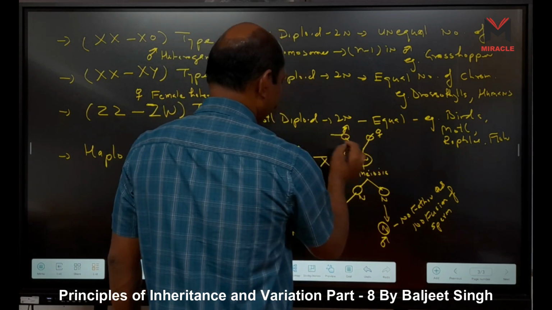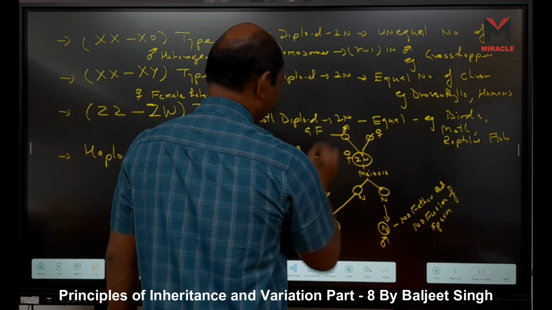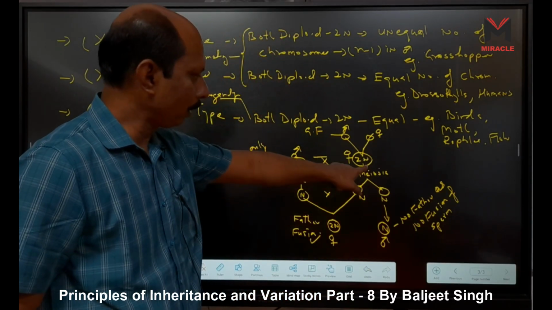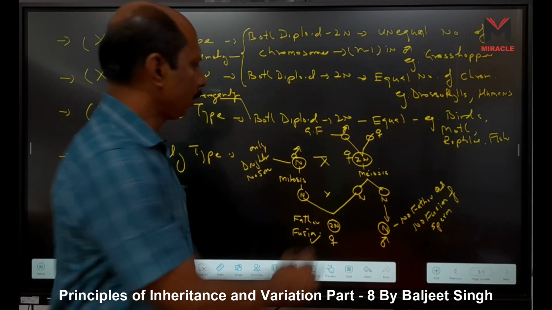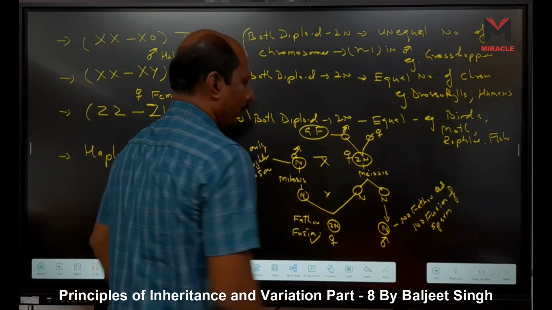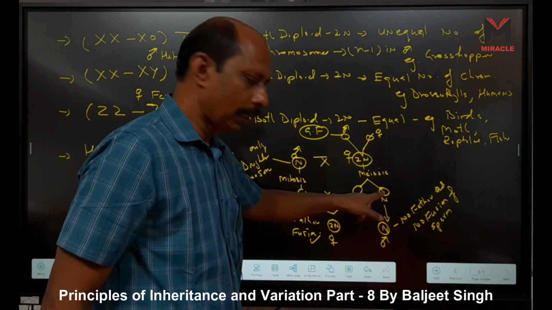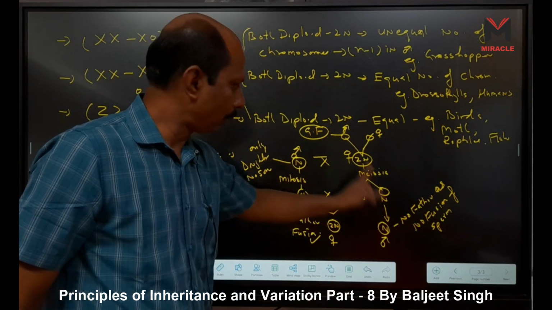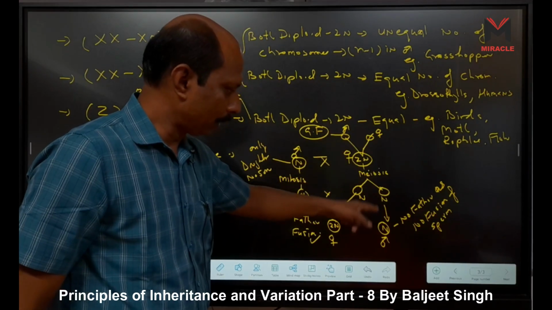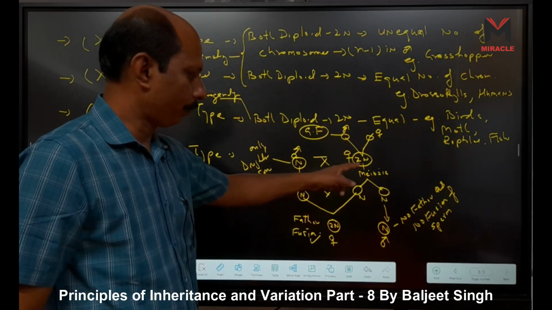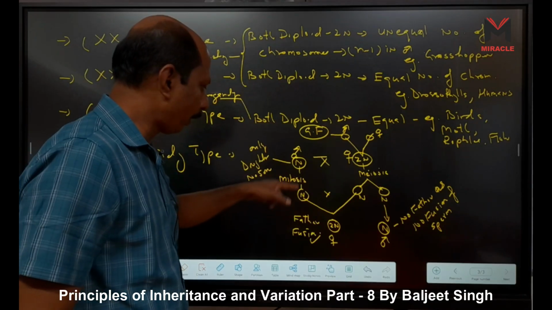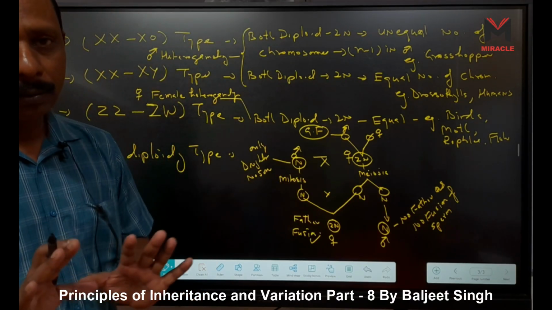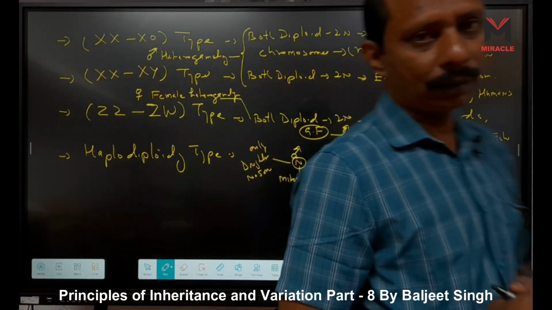That means this one is the grandfather of this son. This son has a mother and the mother has a father, so this one becomes grandfather. So these sons have a grandfather, but they have no father and also no son, because sons develop through unfertilized eggs. You understand this one?